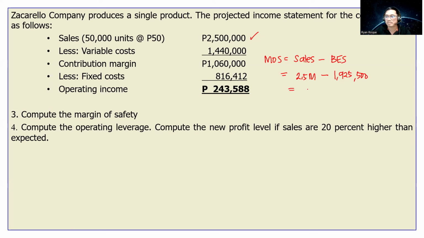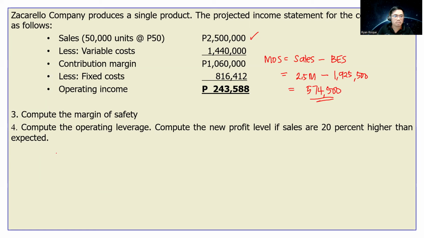So therefore, the margin of safety is how much? 574,500. Meaning, even if your sales go down by as much as 574,500, you will not experience a loss. You will still have a profit. So that's the margin of safety.